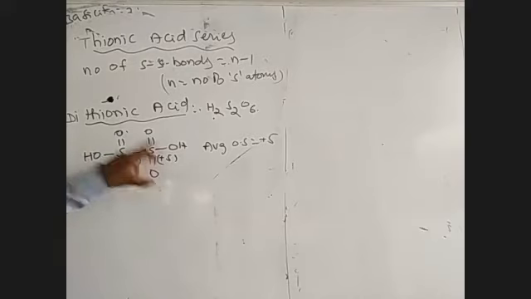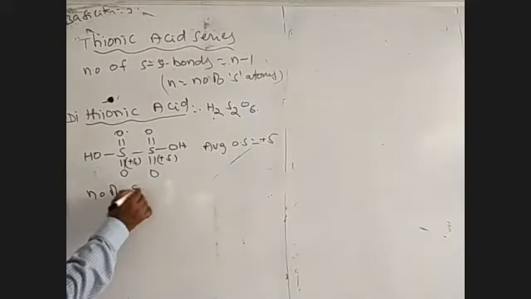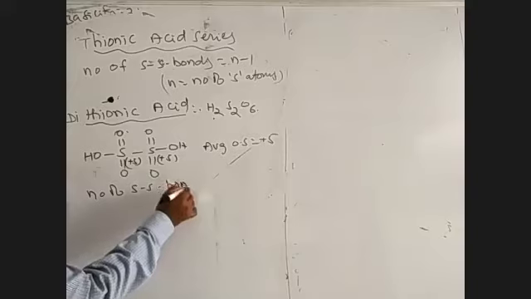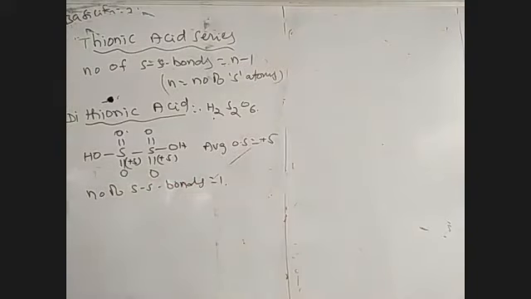According to this bond pair, the charge on sulfur is 0. So the average oxidation state is +5 only. In this case, the number of S-S bonds is 1.